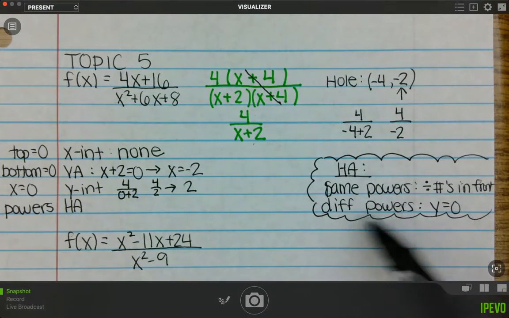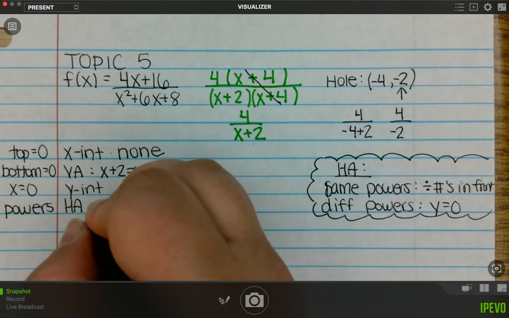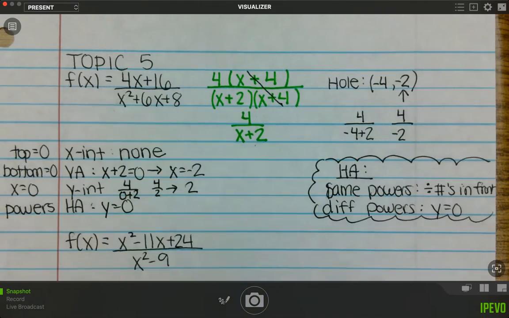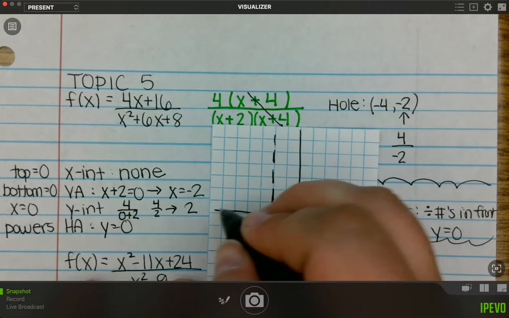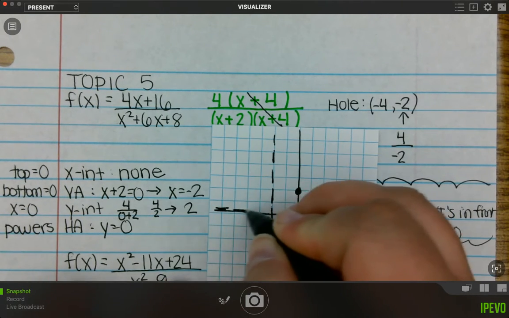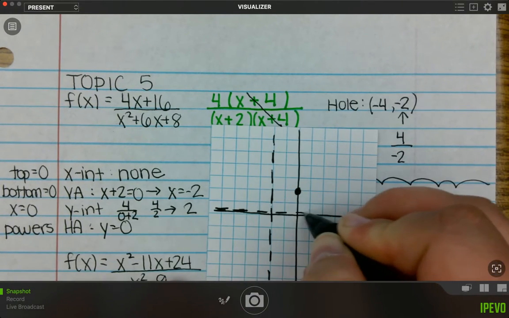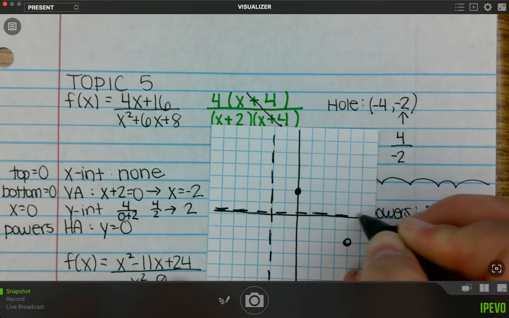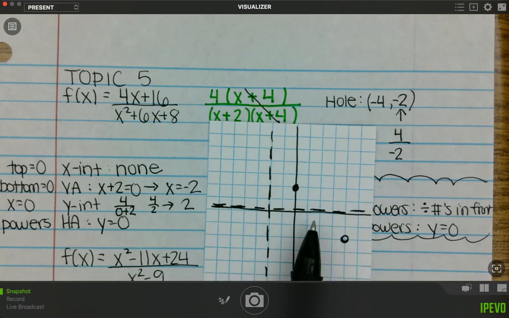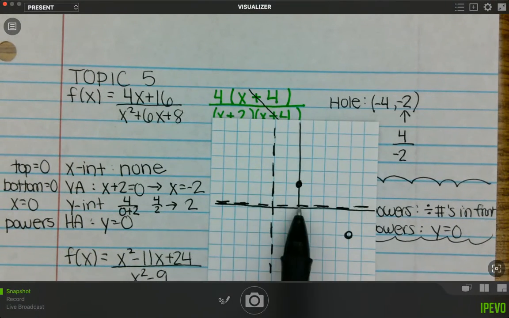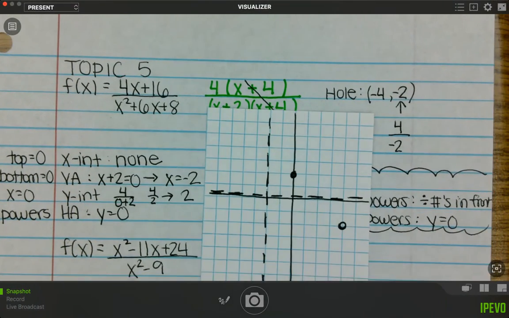But they're different, so it's y equals 0. Which means I'm going to go to where y equals 0 and draw a horizontal line. Like that. That is why there's no x-intercepts. It's because if that's where this dashed line is, there can't be any points here on the x-axis.